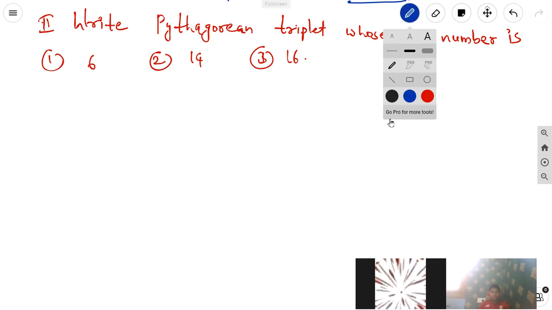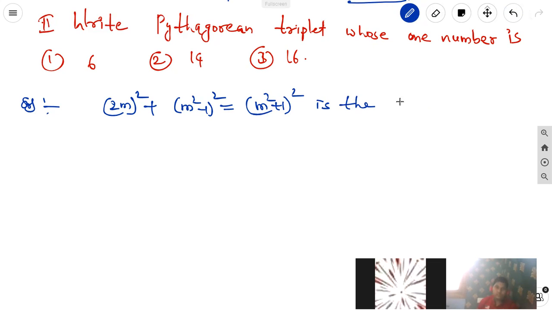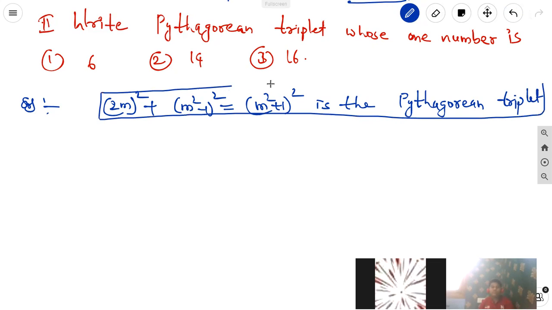Just recall the Pythagorean triplet rule, that is 2m whole square plus m square minus 1 whole square equal to m square plus 1 whole square is the Pythagorean triplet. You remember this. Here, one number means the minimum number.